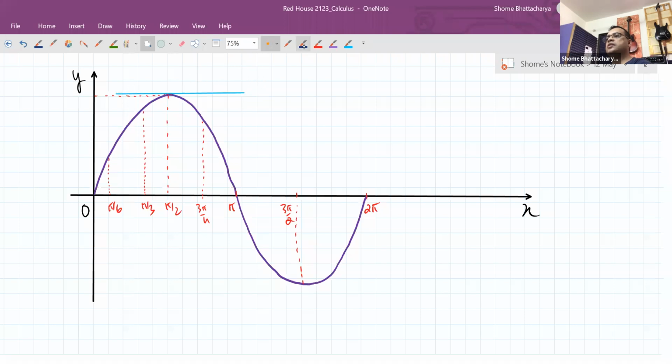This is the tangent at this particular point here, which corresponds to pi by 2. So you can see that the slope at pi by 2 is 0, because it's going to be a flat line like this.